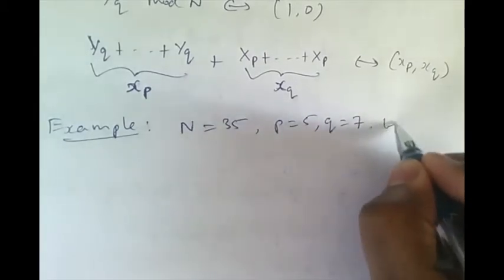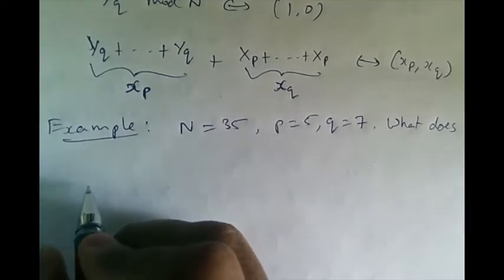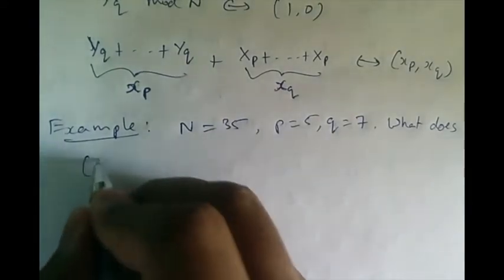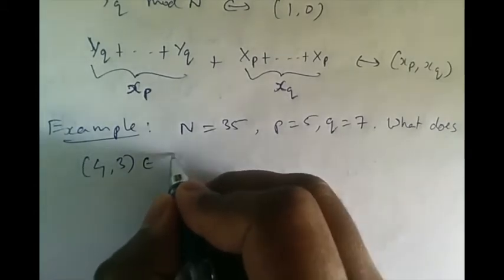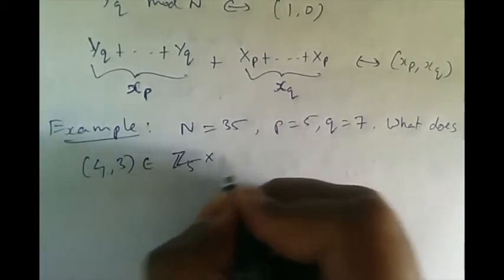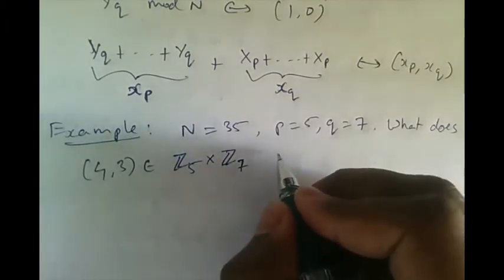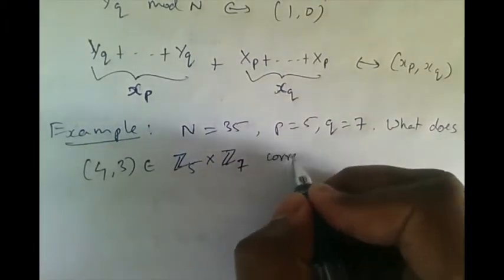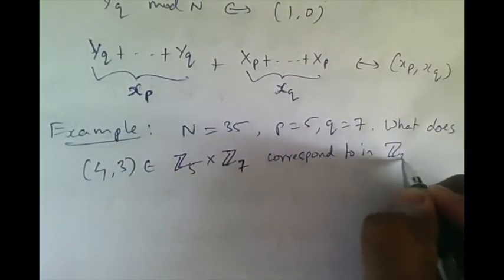So the question is, what does 4 comma 3 in Z5 cross Z7 correspond to in Z35?